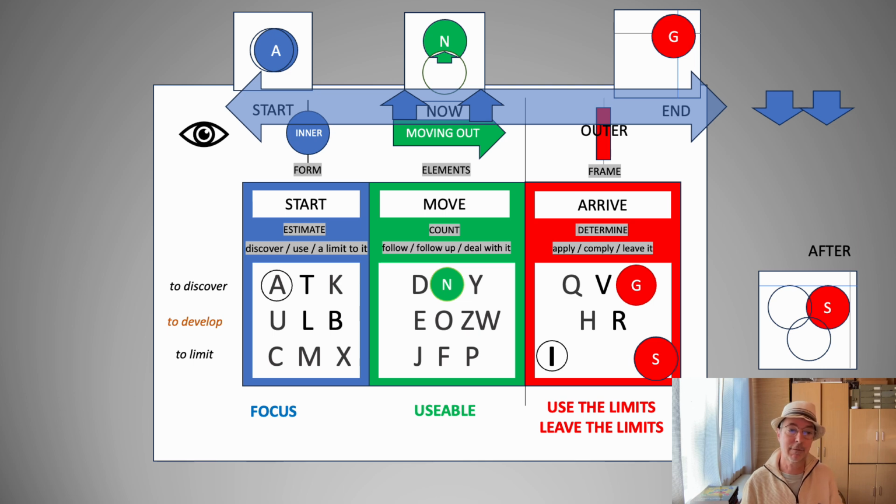So I have the spatial frame A, I have the timing frame N, and I have the limitations of my scope with the G. That's already three letters that are working together in a very good contrast, and the last letter of the contrast should conclude this. It is either a Z, which goes inwardly with all of its further formations, or S, which goes outwardly and does whatever it is supposed to do.